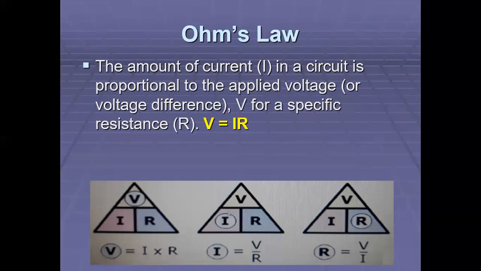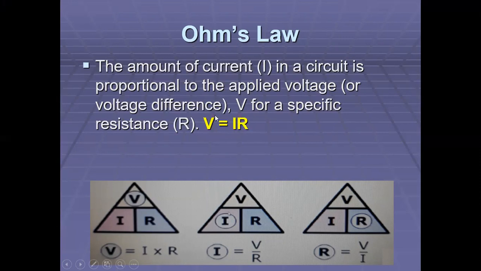The main idea, on which Ohm's law is based, is that the amount of current in a circuit is always proportional to the applied voltage or potential difference, V, but in that case the resistance of the circuit must be constant. So what is that? V equals IR. This V and this I are proportional, R is the constant, so this is equal.